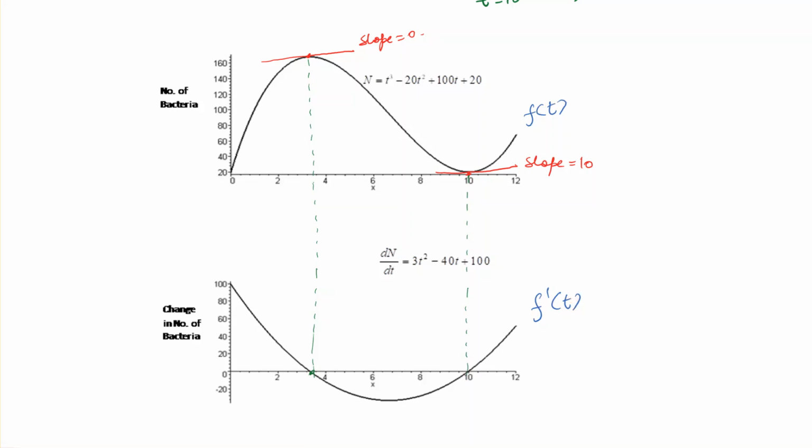If we do the analysis between 0 and 3.33, we notice that here we have an increase in population. The number of bacteria is increasing. So we have an increasing function from 0 to 3.33 hours.